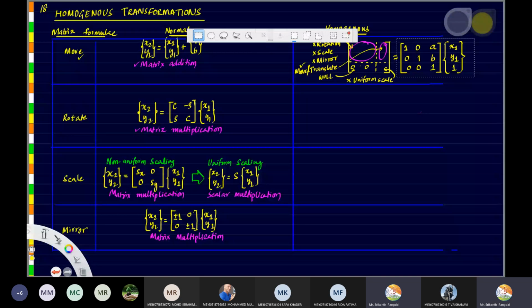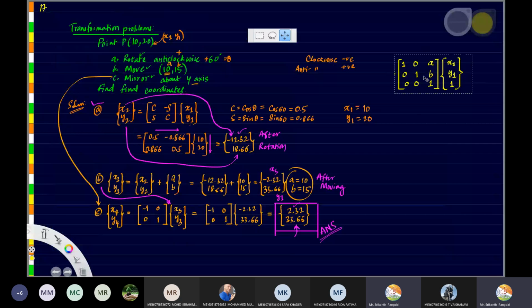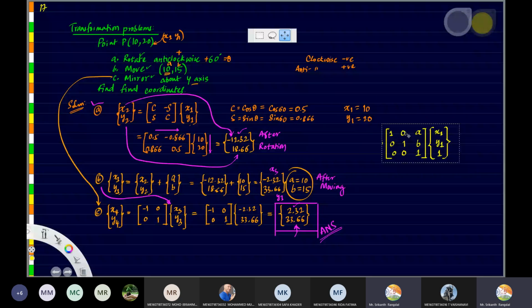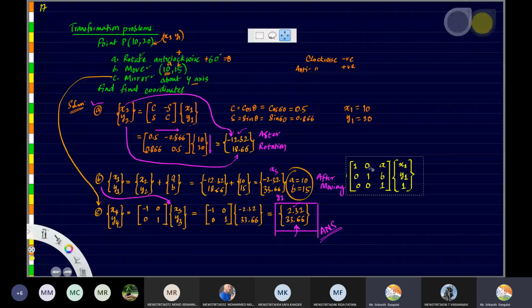Let's go back to the previous problem and let us now do the same problem with this method, the homogeneous method. Ready? So where did we move it? Yeah, this is where we moved it, right? Moved it here. I'll just put the equation here. Right.